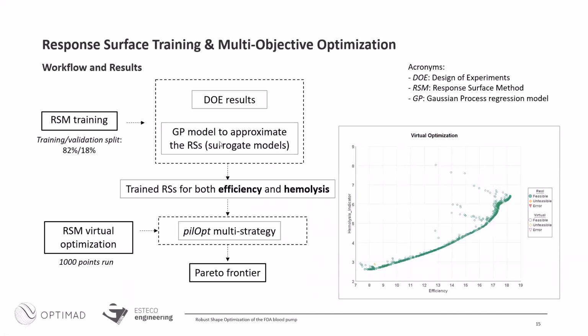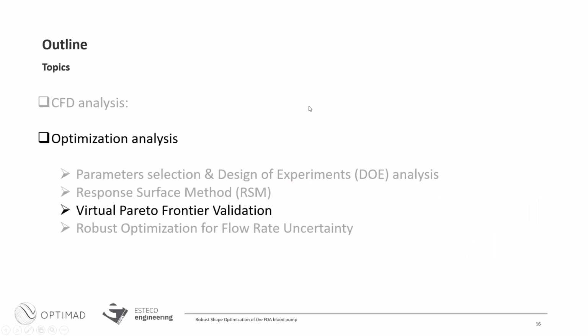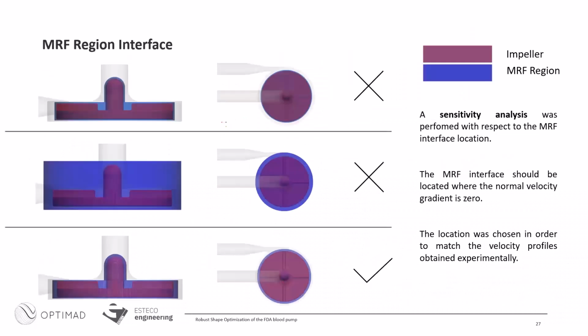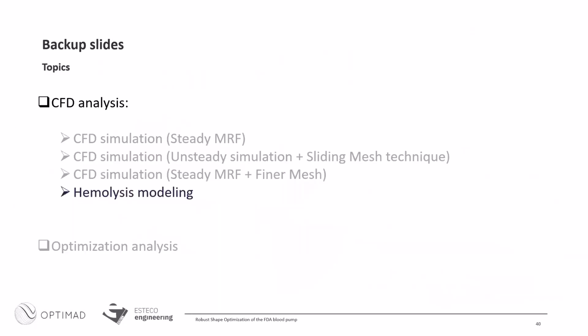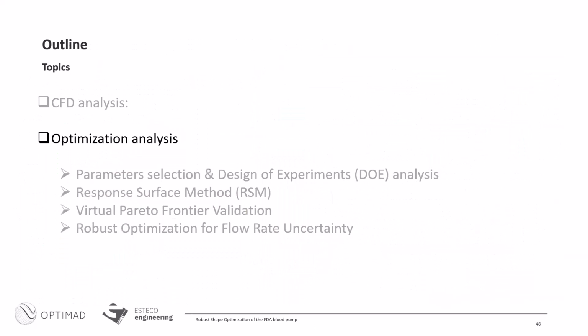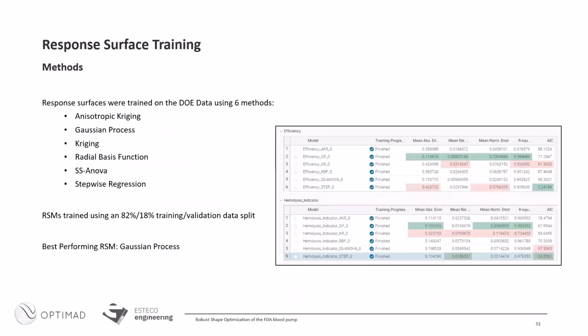So this part here, maybe I have a backup slide about that. Okay, so actually we tested 6 methods for the training of response surfaces, all these ones. And finally, we decided to use the Gaussian process, which is maybe the most simple interpolation method, just because it provided the best correlation coefficients.